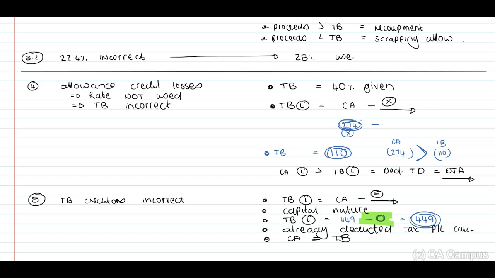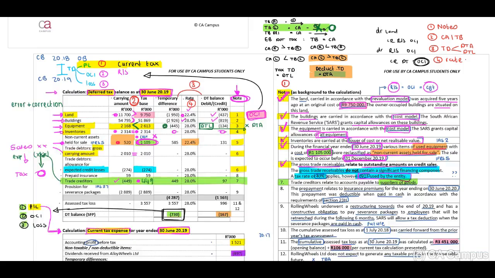Okay, let's move on. We can tick off number 7 and move on to number 8, which is our prepaid insurance. Look at the prepaid insurance line item. I'm going to make use of, let's say, orange, prepaid insurance, 59, carrying amount and tax base. Look at the note.